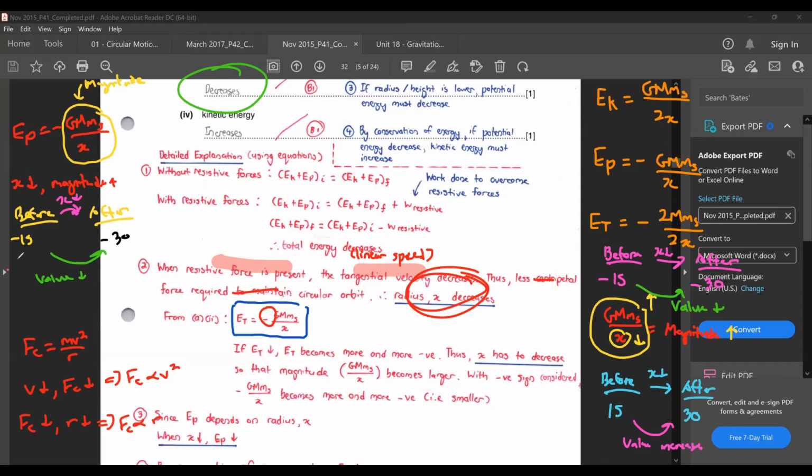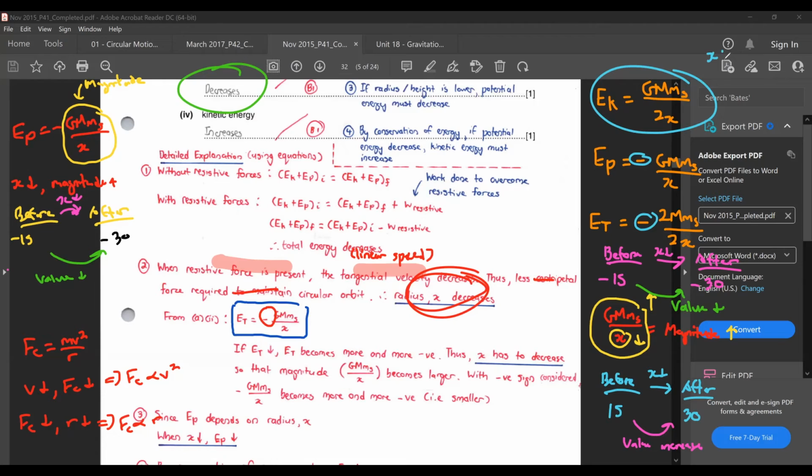You can also do something similar to kinetic energy. This one, if you do not want to use conservation of energy, you just want to look at the energy equation itself, which is this one. Now, this one will be pretty straightforward because there's no negative sign. You see, only EP and ET had negative sign. But for EK, the kinetic energy, this one is more straightforward.